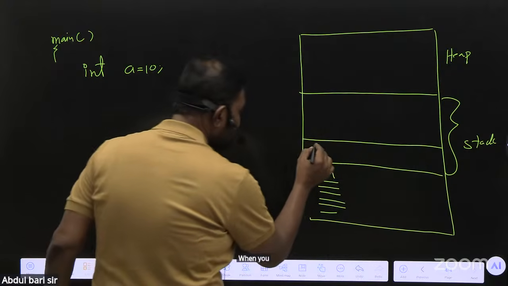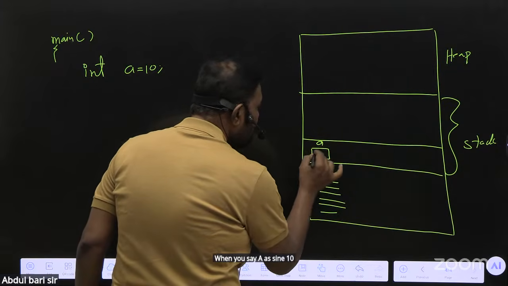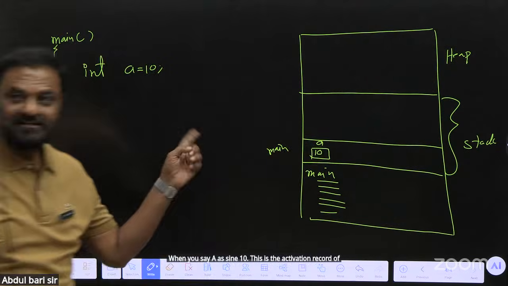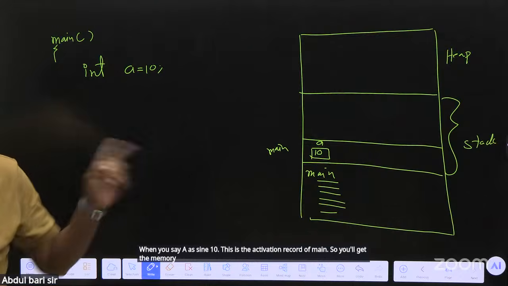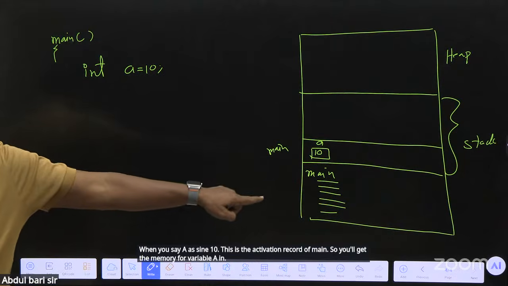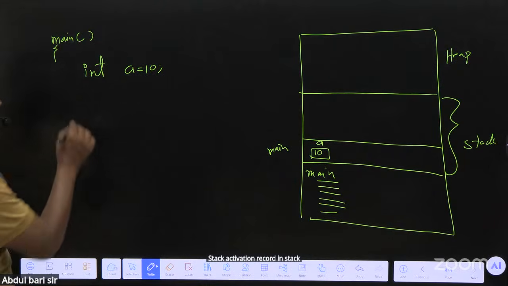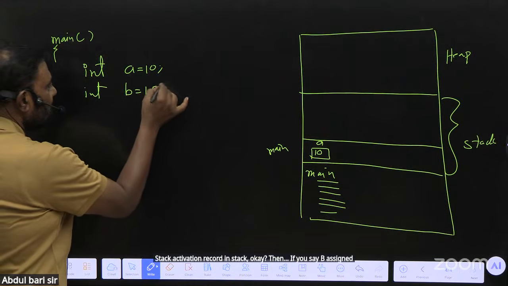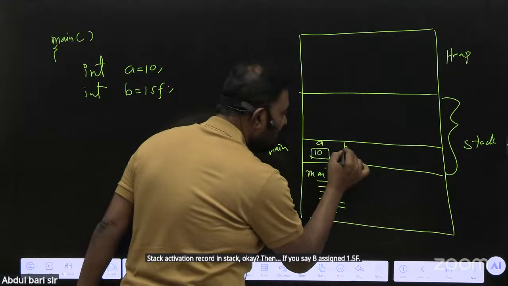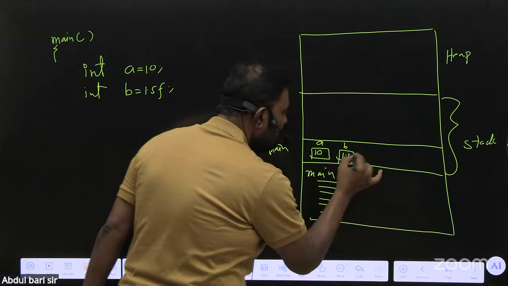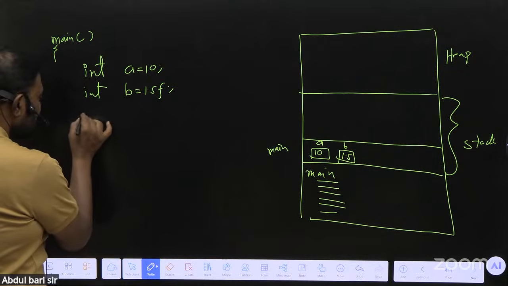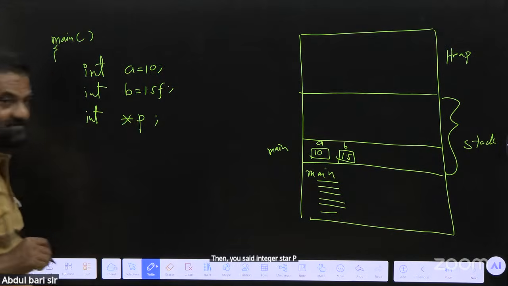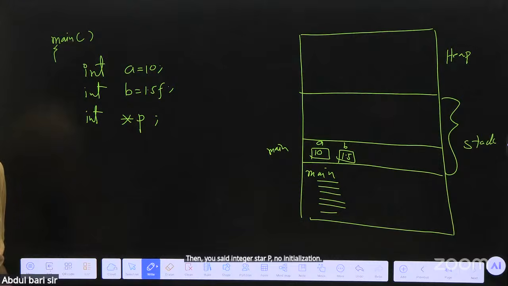When you say a assign 10, this is the activation record of main. So you get the memory for variable a in the stack, in the activation record. Then if you say b assign 1.5f, then integer star p with no initialization, where?